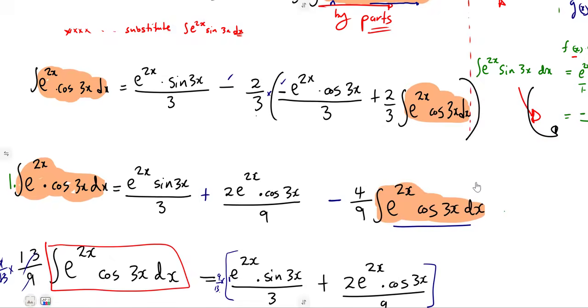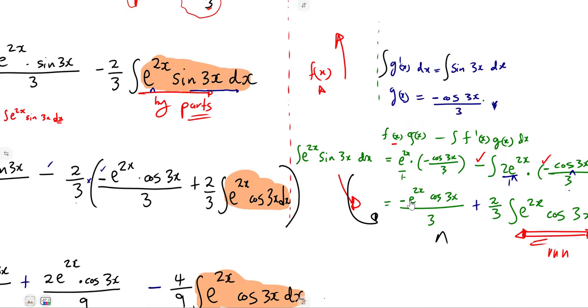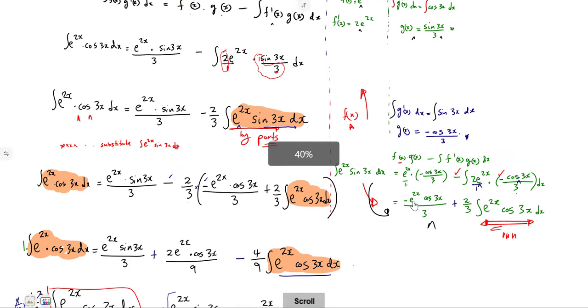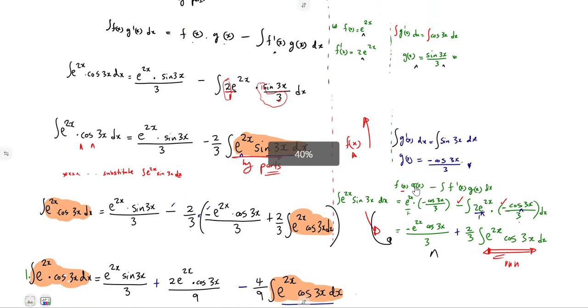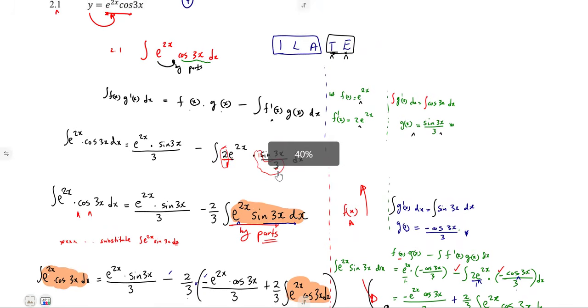Whenever there is an exponential and a trig, you must expect this to happen, that you integrate twice. So we had to apply by parts 2 times. That is what I'm trying to say.